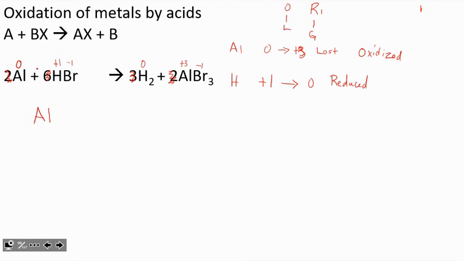It has all of its electrons with it. If we go here on the other side, that aluminum becomes a +3, which means that it had lost 3 electrons. And since it lost 3 electrons, that means that it was oxidized.